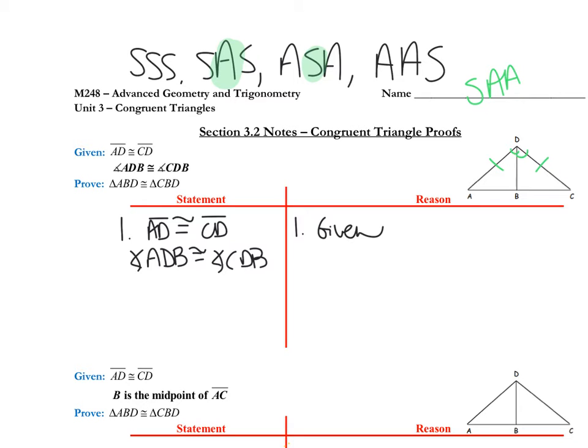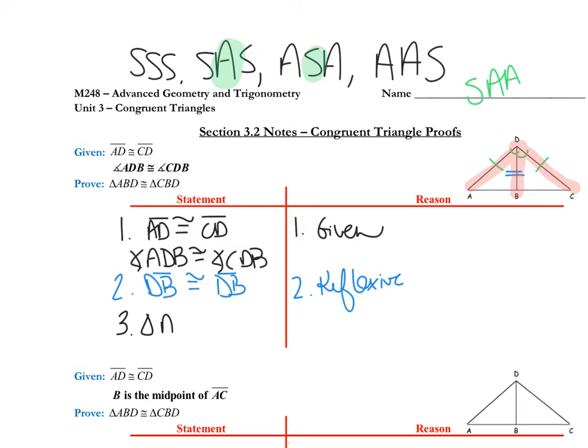Well, if I look at my diagram, is there anything else I can prove? Well, I can. This whole DB is congruent to itself by the reflexive property. So DB is congruent to DB by the reflexive property. Okay. So now if I trace this, I have a side, an angle, a side. Side, angle, side. So these two triangles are congruent by SAS.